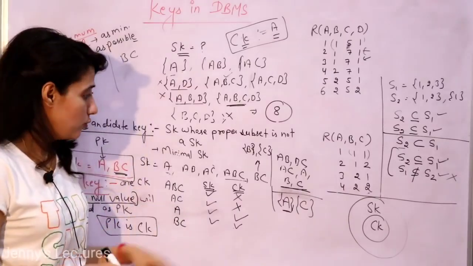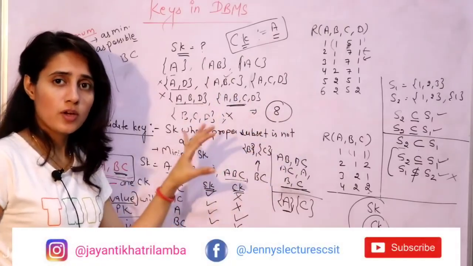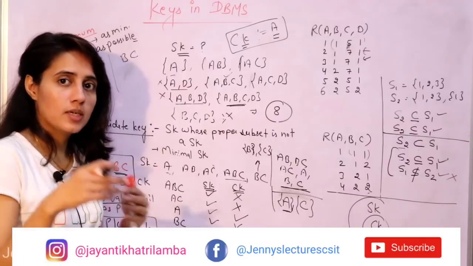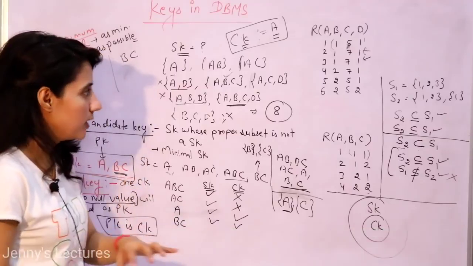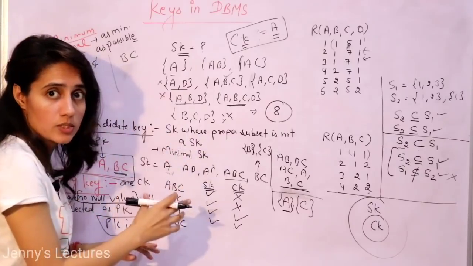So I hope you got the concept of super key, primary key and candidate key. All these keys we are going to use in normalization, right? Foreign key we will discuss later. First of all, we will discuss normalization and functional dependencies. So you should know the concept of these keys, right?